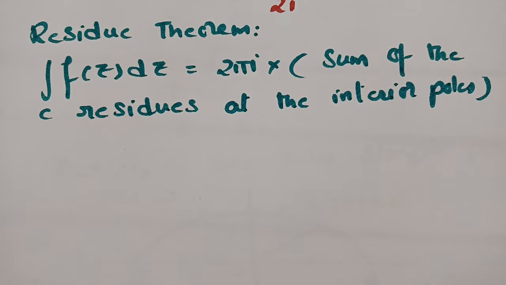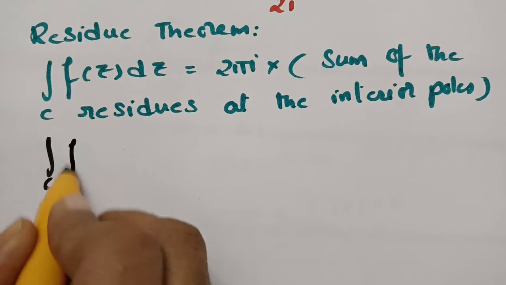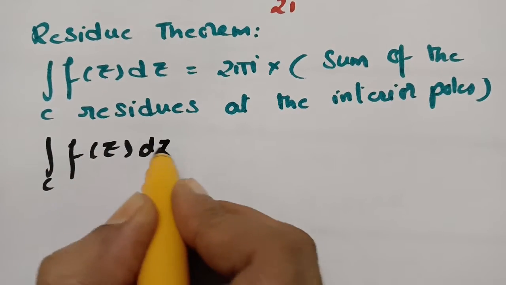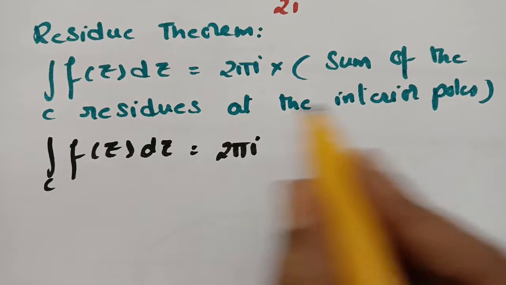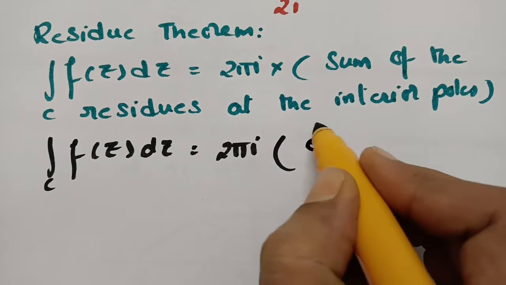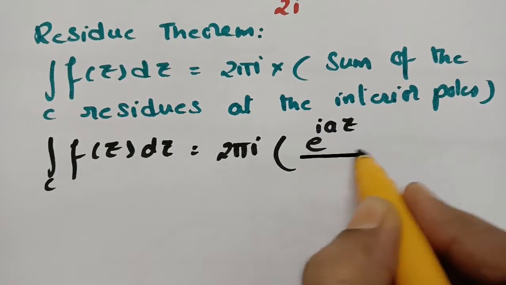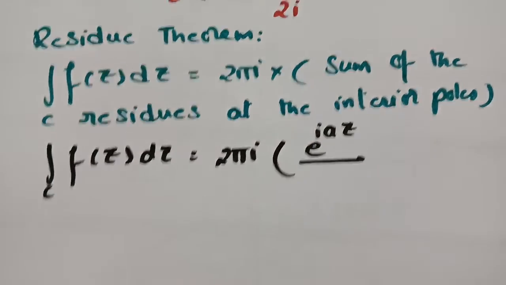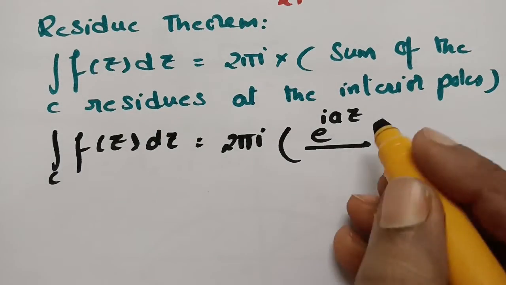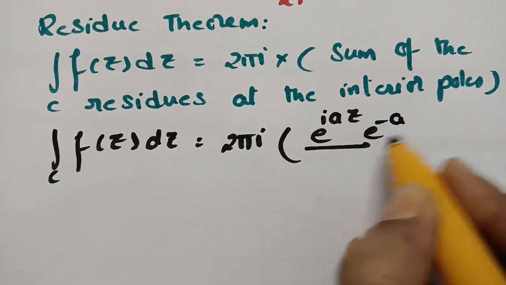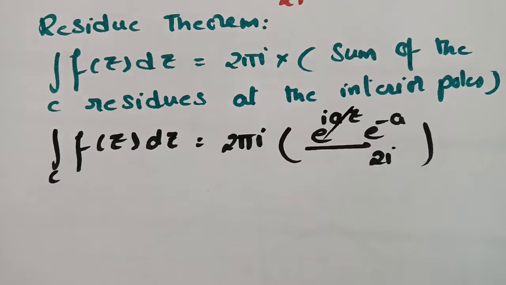Therefore the integral over C of f(z) dz is 2 pi i times the residue at the interior pole, which is e to the power minus a by 2i.